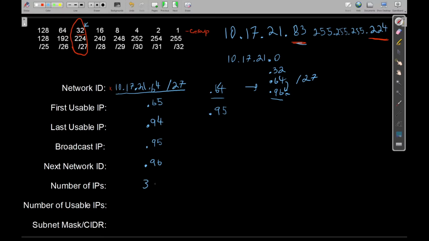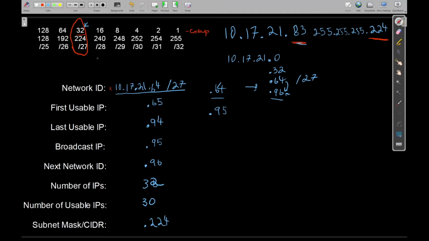It's 32. Number of usable IP addresses, what we just talked about. There's 30. You can't use the network identifier because that identifies the network, and you can't use the broadcast IP because that is used for other things. The subnet mask is a .224 in the last octet.